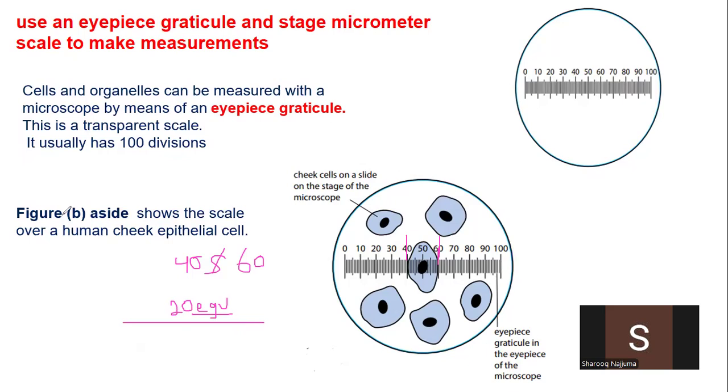What does calibration mean? We are going to get these divisions and turn them into known units, maybe millimeters, maybe micrometers, maybe nanometers. So let's go to the next step and see how we are going to be able to calibrate the eyepiece graticule.